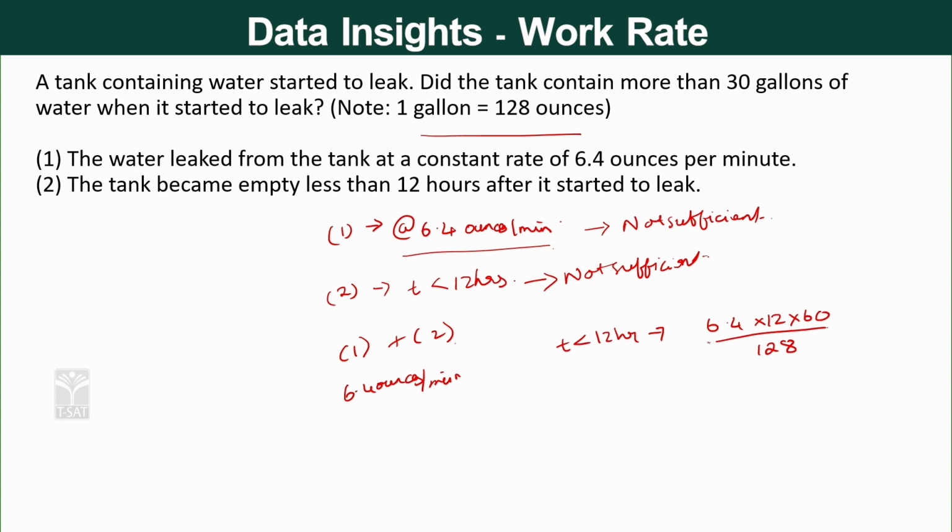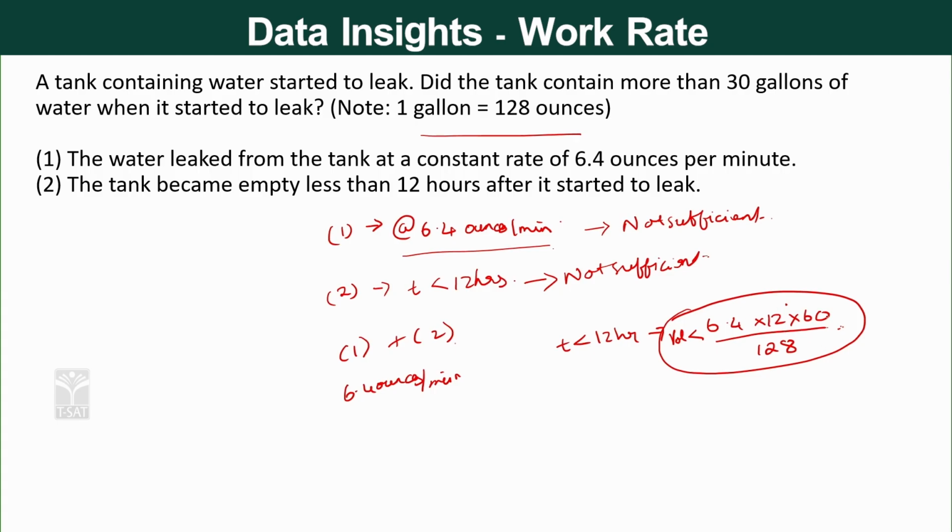The volume leaked must be less than this, because in 12 hours this is the amount that would have leaked, and it is emptying before that. So, the volume is less than this expression.